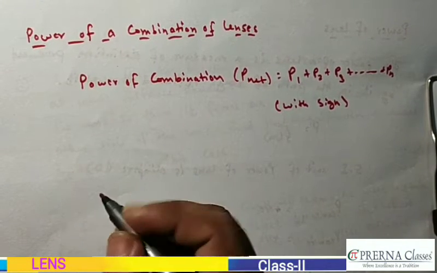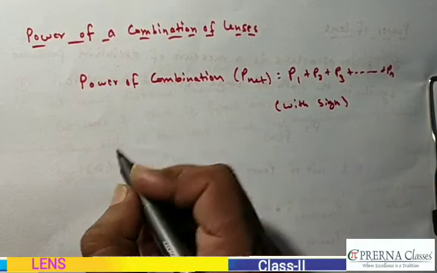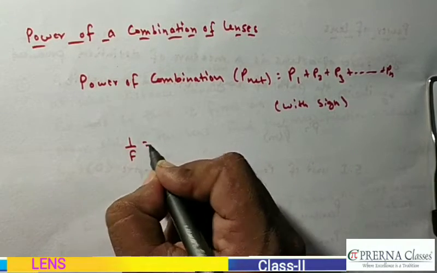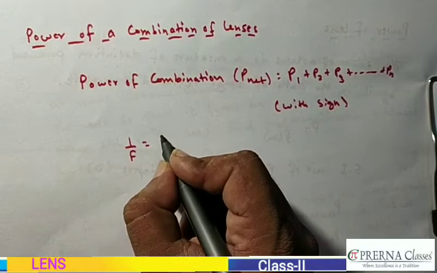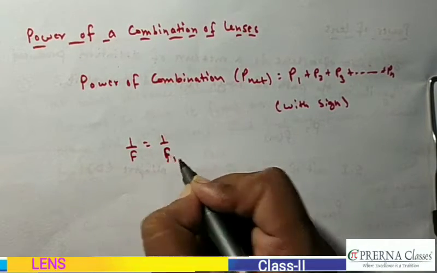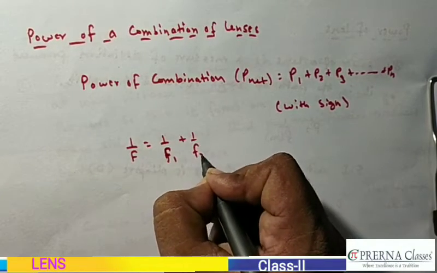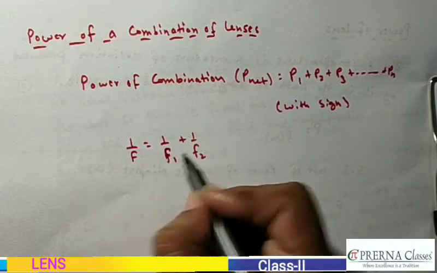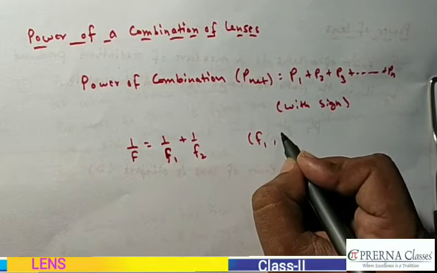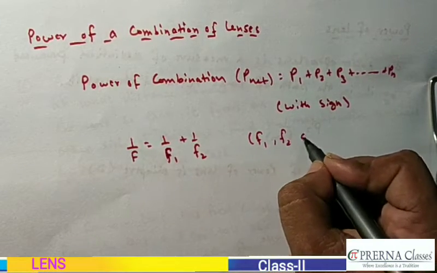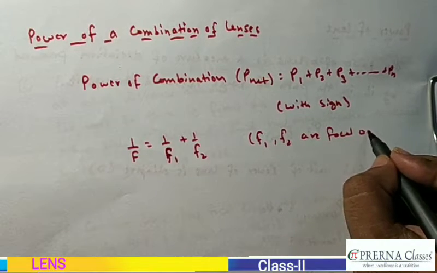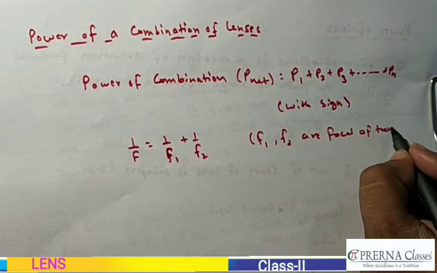Suppose I have to find the effective focal length of the combination. I can directly say it will be 1 by f equals 1 by f1 plus 1 by f2, suppose we have 2 lenses, where f1 and f2 are focal lengths of the 2 lenses.